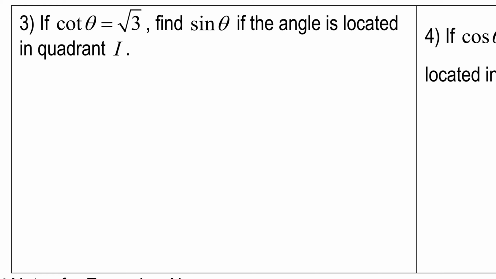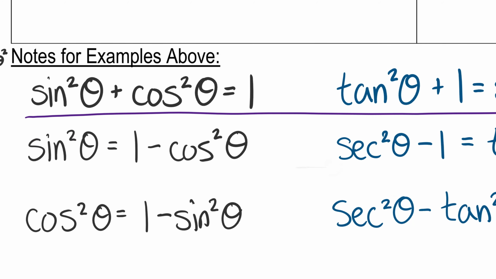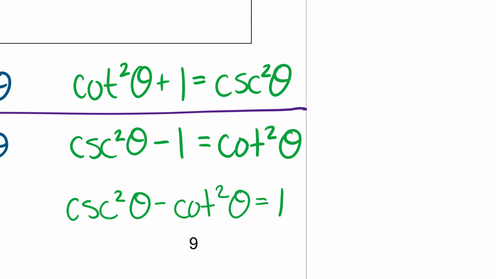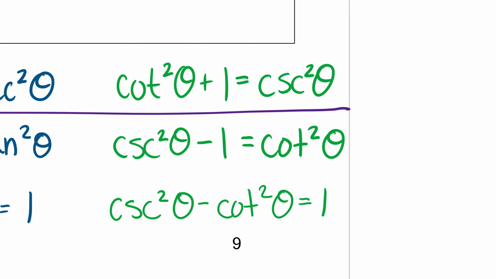Okay. Number 3, if cotangent theta equals square root of 3, find sine theta if the angle is located in quadrant 1. Okay, I have cotangent. I want sine. First off, let's go find cotangent. We have cotangent down here. Cotangent goes with cosecant, right?